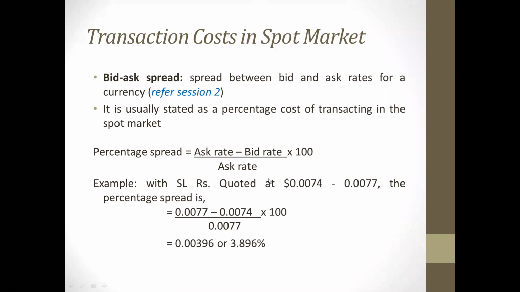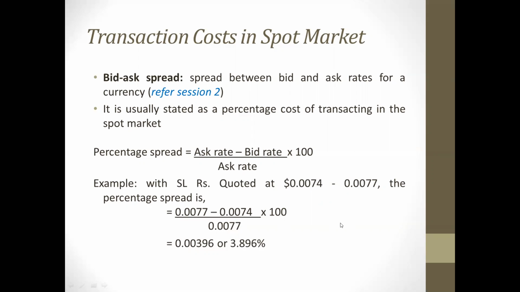But in here, you are buying a good by paying foreign currency, and you are selling the good by receiving another foreign currency. So the difference between the buying currency rate and selling currency rate, you can calculate your profit margin. So that is happening under the spot marketplace.